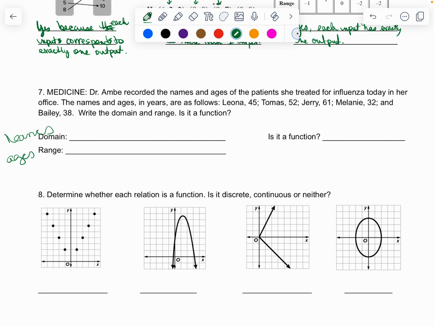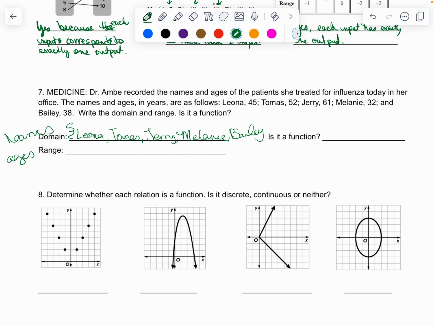So the domain: Leona, Thomas, Jerry, Melanie, Bailey.